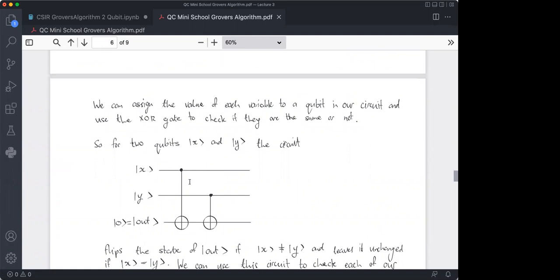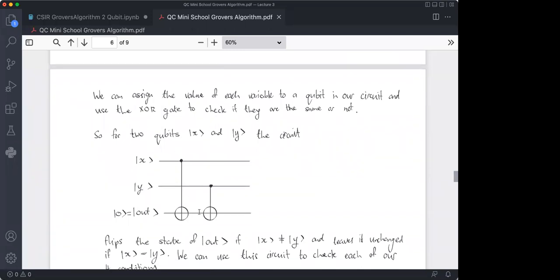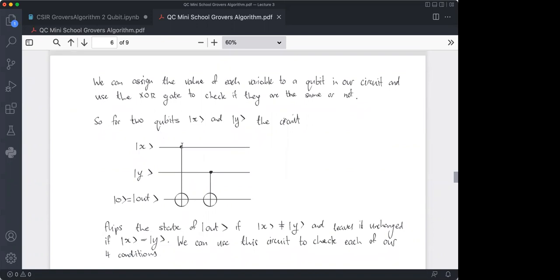For two qubits X and Y, and an output state that's initially in the state 0, if X and Y are the same, the output is left as 0. If X and Y are different, it flips the state of the output qubit so that we have it in the state 1.